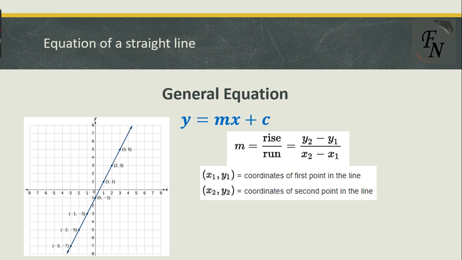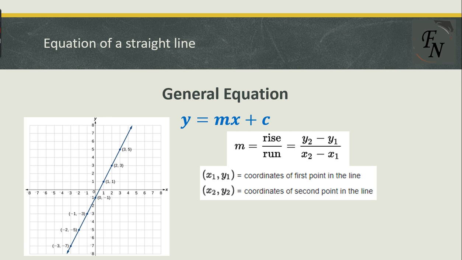So this is how we find the gradient. The gradient is rise over run: how much the value of y increases when we increase the value of x.